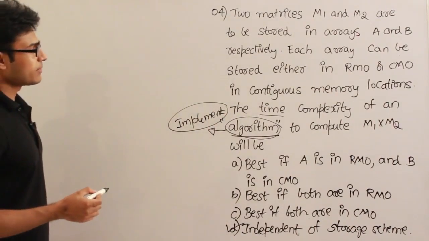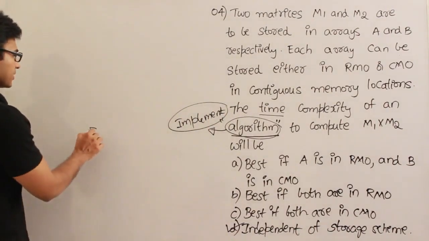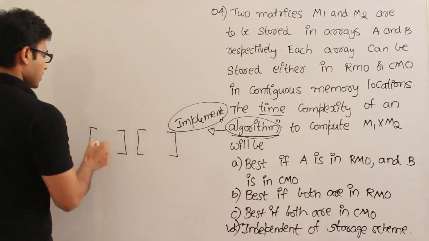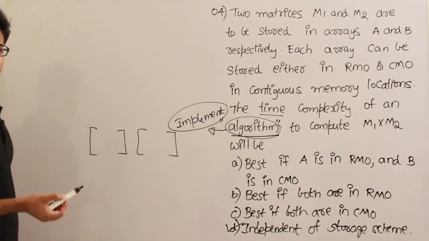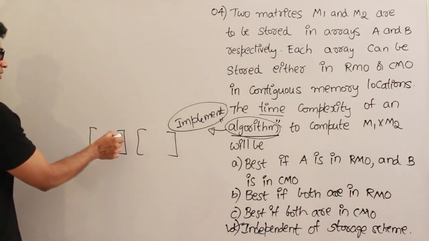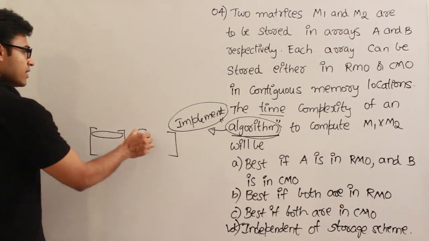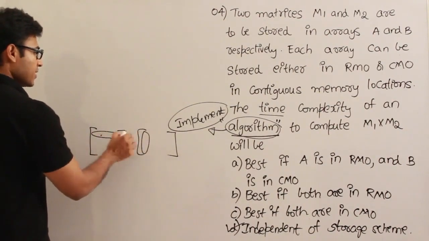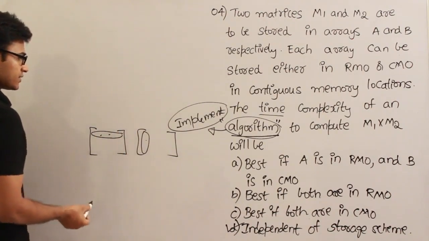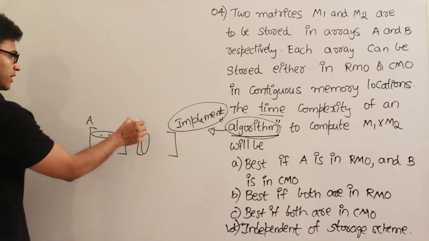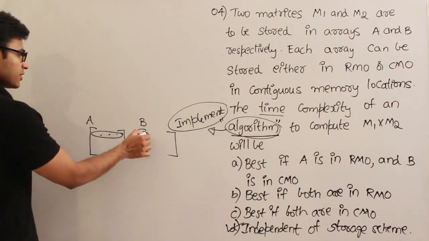So when you try to implement this, how are you going to implement it? You will be writing a program in such a way that, generally, the programs will be like this, right? You are going to write the program in such a way that you will access a row of A and then a column of B, and you multiply the corresponding elements. Therefore storing A in row major order and storing B in column major order is beneficial.